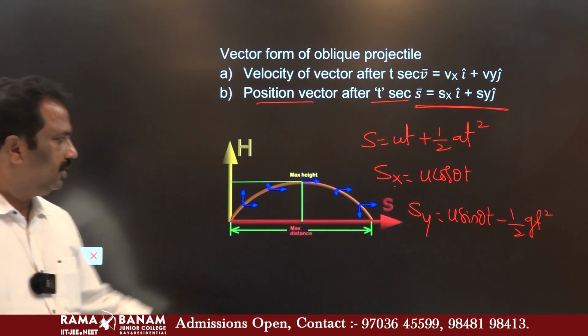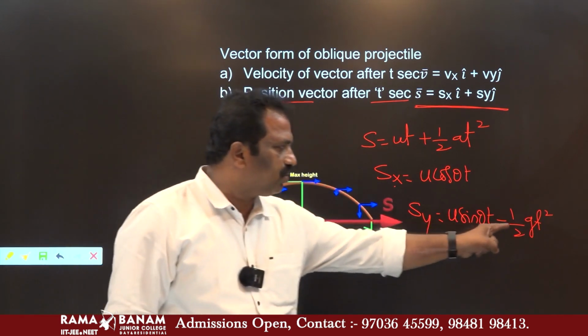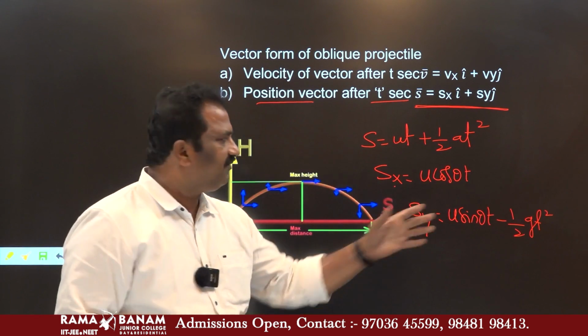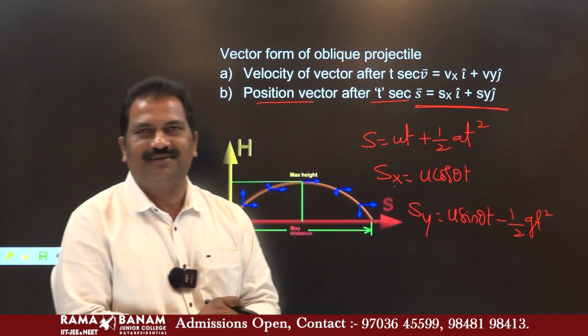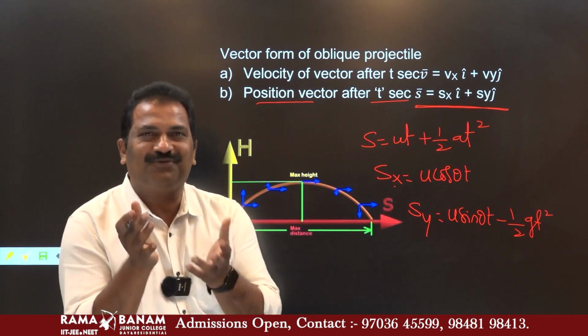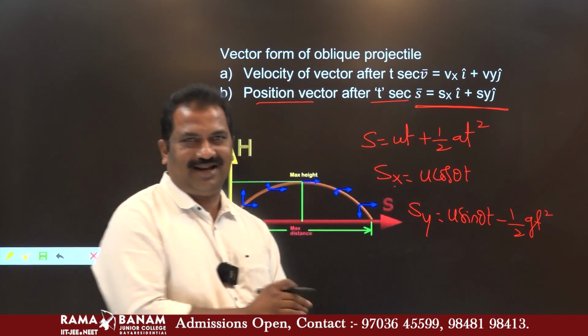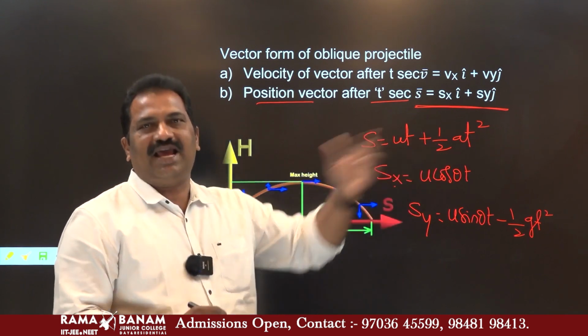Already we learned that along the y-axis a = minus g. So finally sy = u sin theta t minus ½gt². This is the way to find it in vector manner along the x-axis and y-axis.